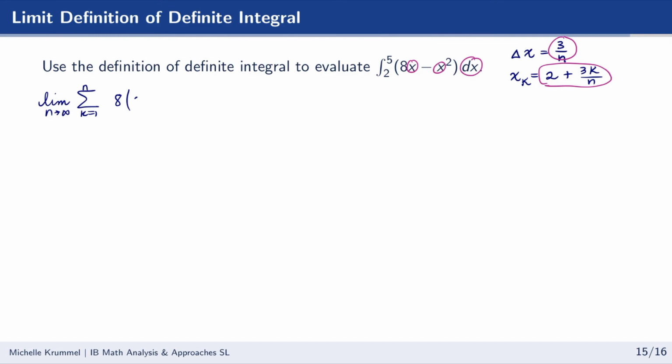So we're replacing x with 2 plus 3k over n, minus the x squared. So 2 plus 3k over n squared. All of that times the dx, so times 3 over n. Okay, we have a lot of simplifying to do before we take the limit.